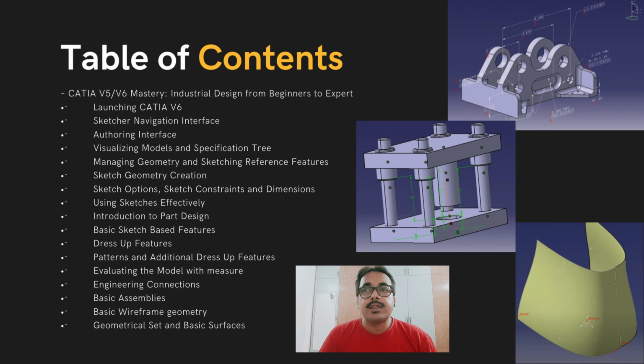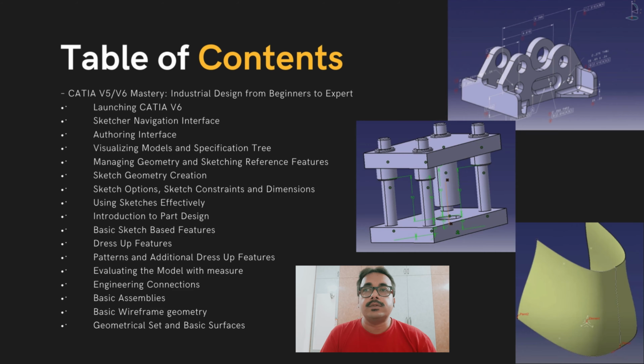Then managing the geometry and sketches reference feature. So you will learn how to manage geometry and create sketching reference features that are essential for precise design. Next, in the sketcher geometry creation, we'll be covering creation of sketch geometry, laying the foundation, which is very much required for the 3D model.